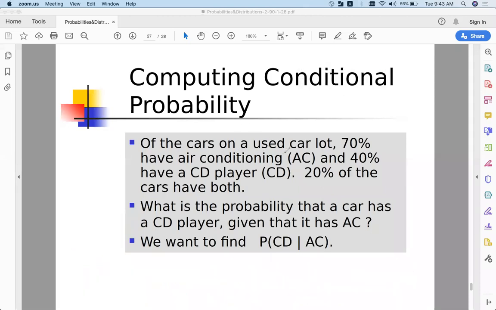Of the cars on a used car lot, 70% have air conditioning. Okay, 70% have air conditioning, 40% have a CD player, and 20% of the cars have both CD player and AC. Now, what is the probability that a car has a CD player given that it has AC?